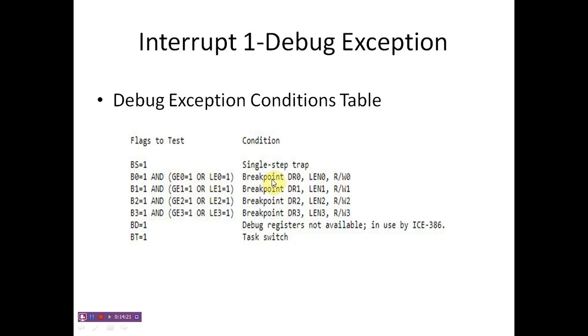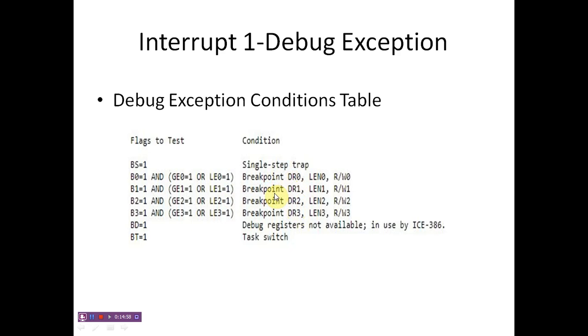At that time the breakpoint DR0, meaning the DR0 register's address, is selected, along with length 0 and read/write 0. Similarly, B1, B2, B3 equal to 1 and G1, G2, G3 are selected and these flags are set. Because of these flags, the corresponding breakpoint addresses DR1, DR2, DR3 are selected for the debug address.